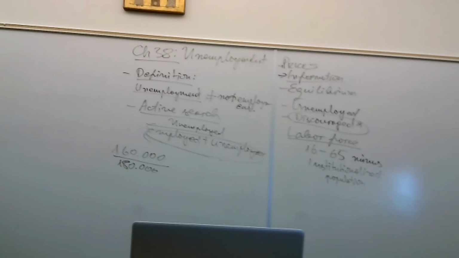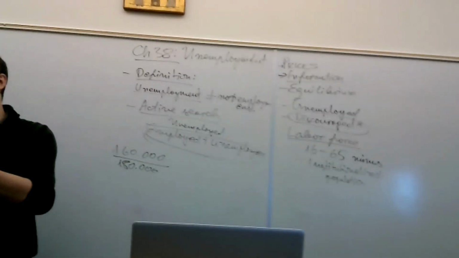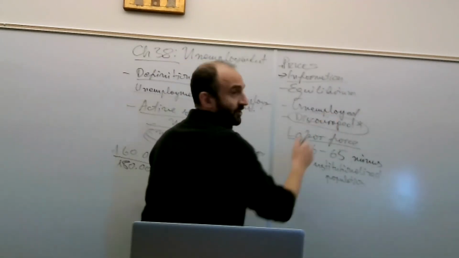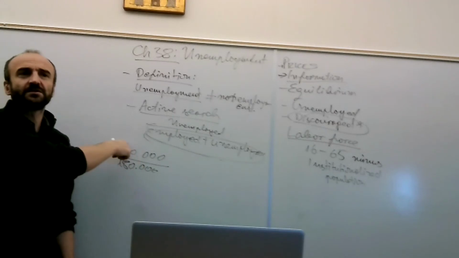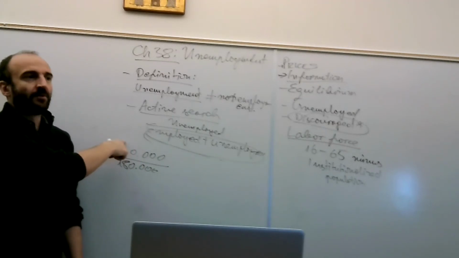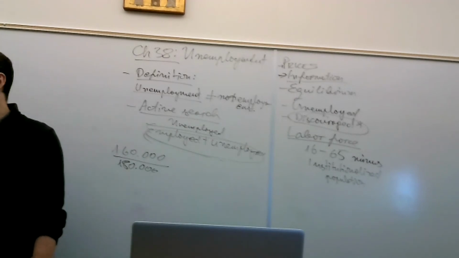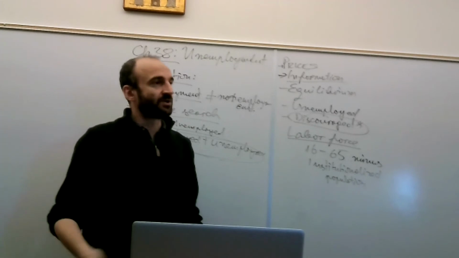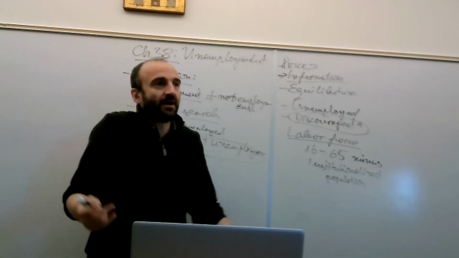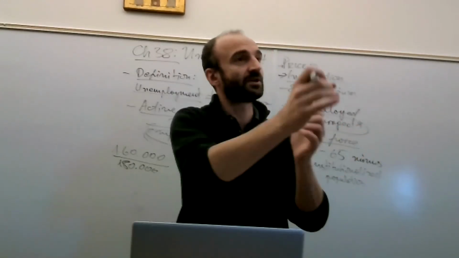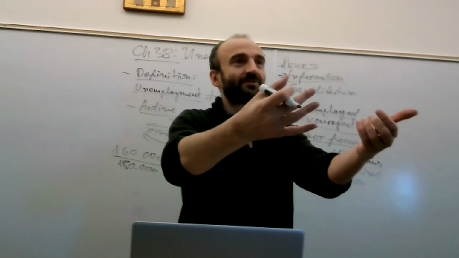So 90+% of people within this population participate in the labor market, either by working or by actively searching for a job. So 20,000 people here are those discouraged people who are outside of the labor market. So stay-home mothers, or people who want to find a job but got discouraged after 3 or 4 months of unsuccessfully trying to find a job, and they stopped searching, and statistics doesn't capture them anymore even as unemployed, because remember, in order to qualify as unemployed, you have to be trying to find a job.